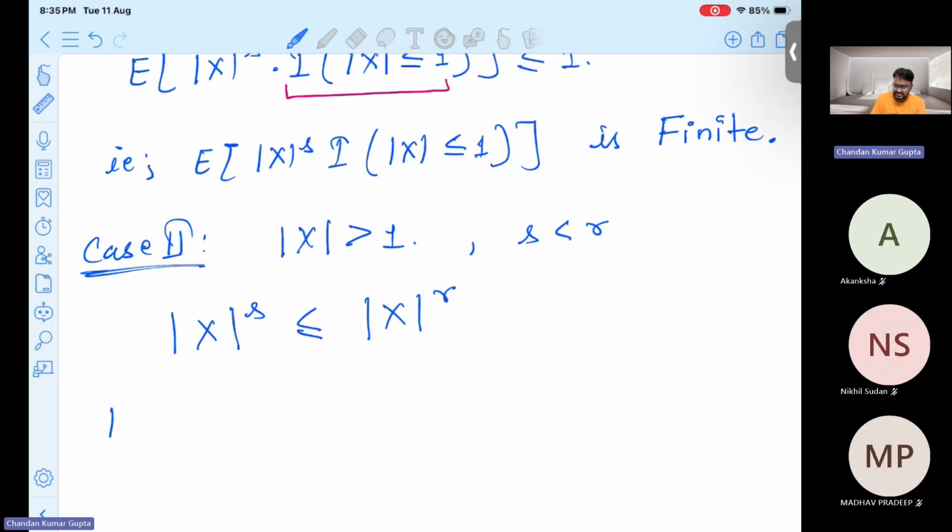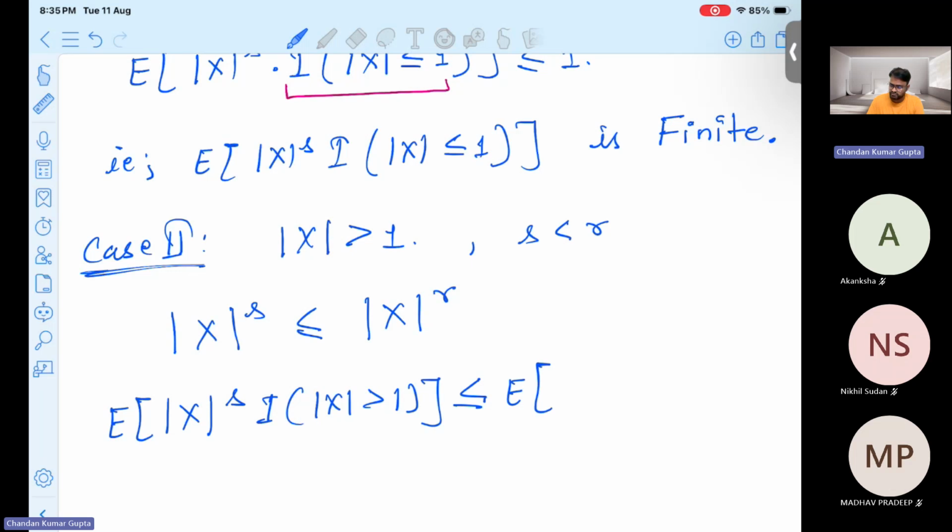So that means we can say the expected value of the modulus value of X to the power S, over the case where it is greater than 1, is always less than or equal to the expected value of this. Okay, this is the case.